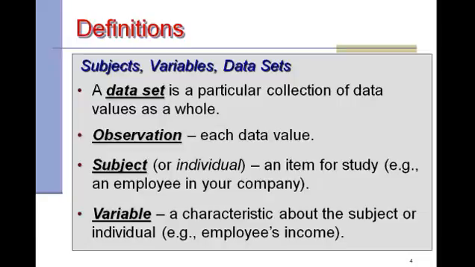It says, example, an employee in your company. Often a subject might be, or individual might be, somebody's pay or wages or the unemployment rate, or for example, the deficit for a particular year. And then the variable, that's a characteristic about the subject or individual.